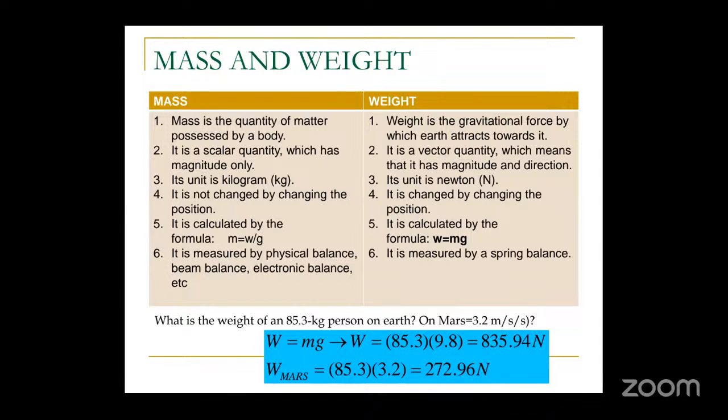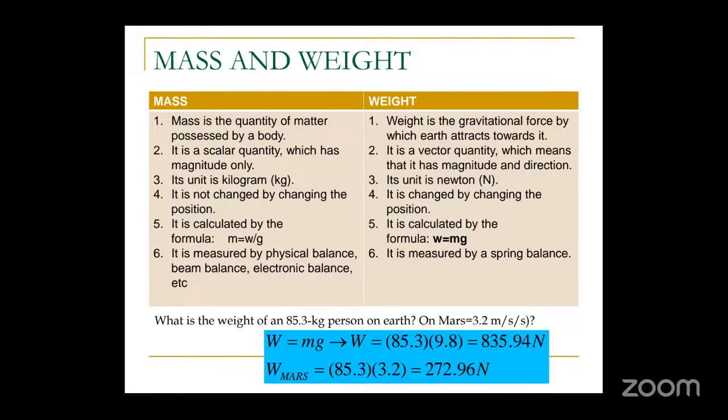Mass does not change with position. That is, if I carry a piece of object, the mass of that object will remain the same wherever I carry that object to. Whereas if I want to measure the weight of that object, the weight will change with position.